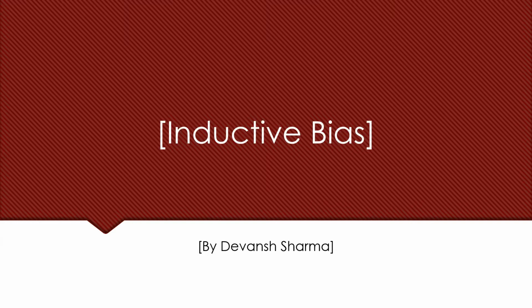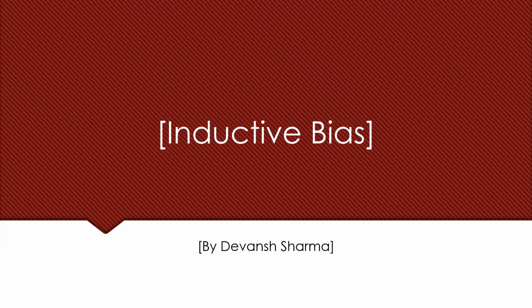Before moving on to inductive bias, we first have to see what happens in a machine learning algorithm. We have an independent variable and another dependent variable that depends upon it. But we have to find a model or a hypothesis that finds the relation between the two.